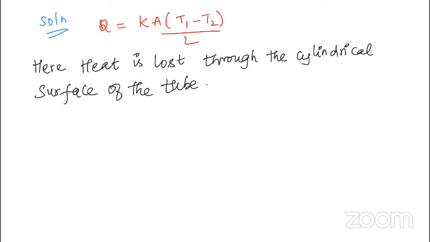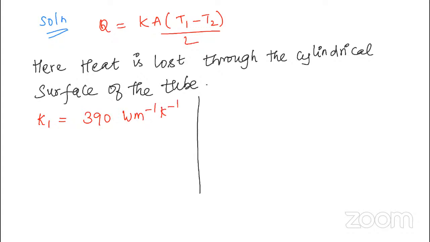Then first you have to write down the given values. What are all the given values? That is K is equal to 390 watt meter power minus 1 Kelvin power minus 1. They are given.